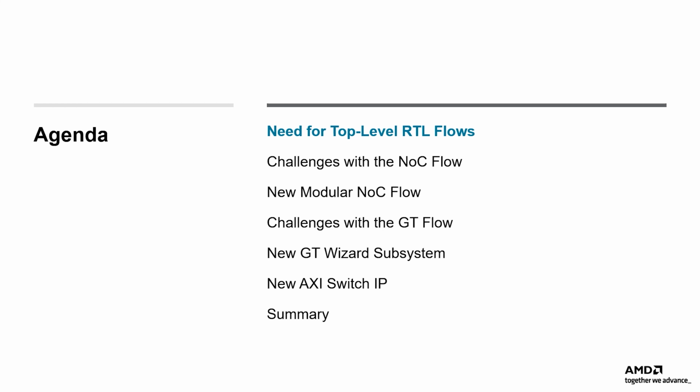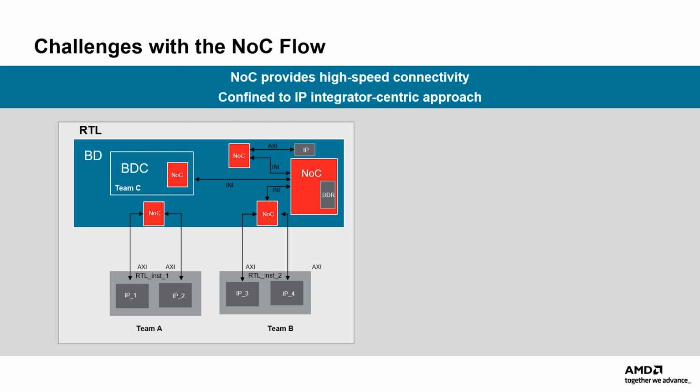Before jumping to how we are enabling an RTL-centric flow for Versal Adaptive SoC designs, let's go over some of the challenges with the existing NoC flow. The Versal Programmable Network on Chip, or NoC, is an AXI interconnecting network for sharing data among multiple endpoints in Versal Adaptive SoCs. One of the major constraints when using the NoC in a design is that users have to go with the Vivado IP integrator flow, as the NoC can only be configured using the NoC IP available from the IP catalog.